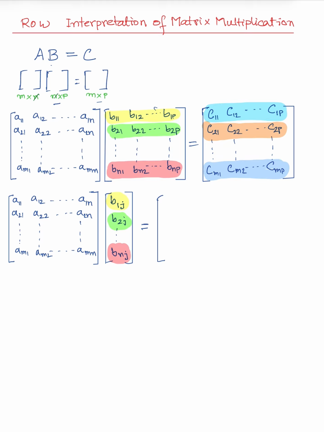So now this whole thing is going to be C1J, which varies from 1 to P. Then this is going to be C2J, and this is going to be CMJ.